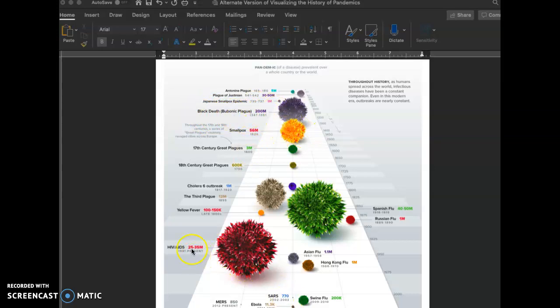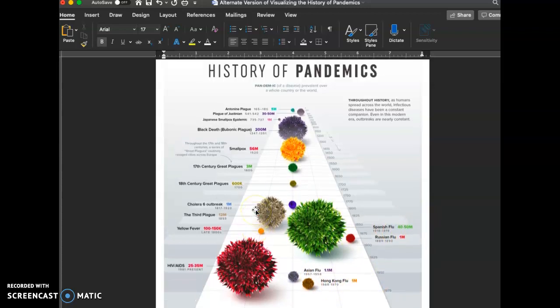We can see 25 to 35 million have died for HIV/AIDS. Asian flu, 1.1 million. The Hong Kong flu, 1 million. Spanish flu, 40 to 50 million. The cholera outbreak, cholera 6 outbreak, 1 million. The third plague, 12 million.